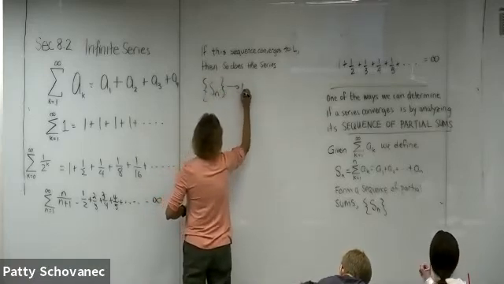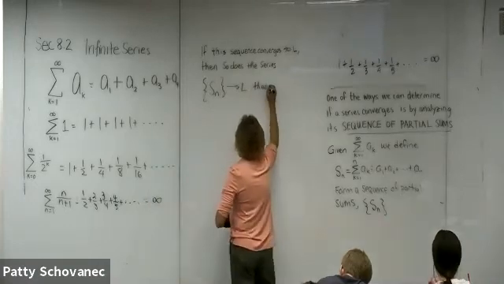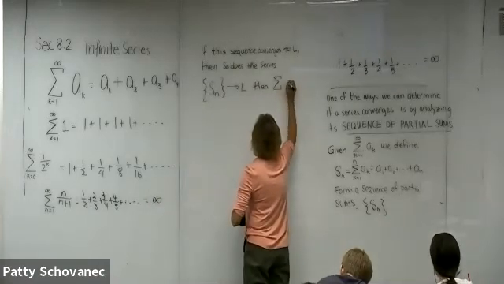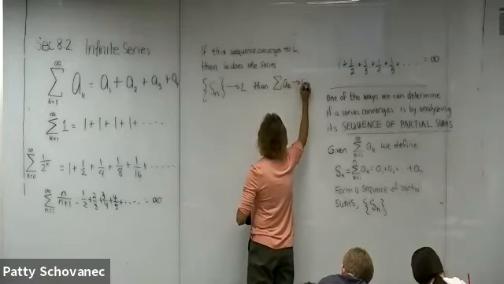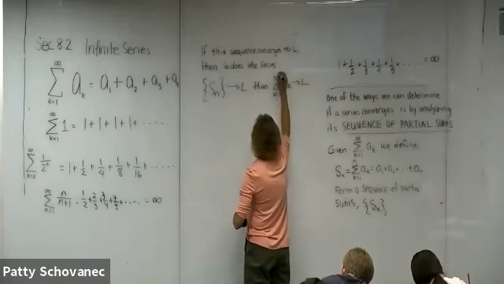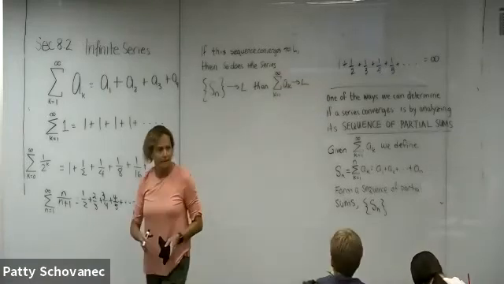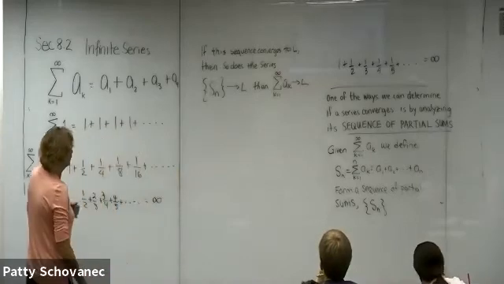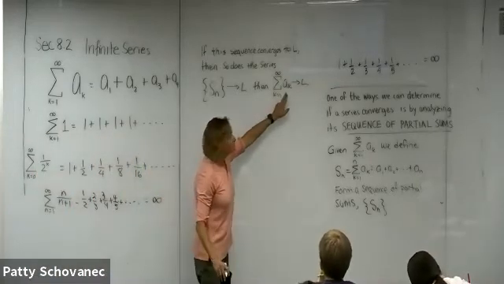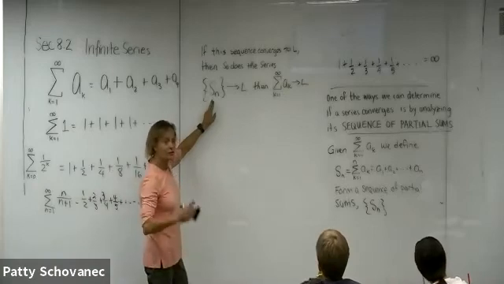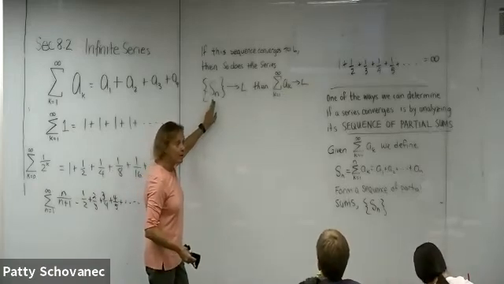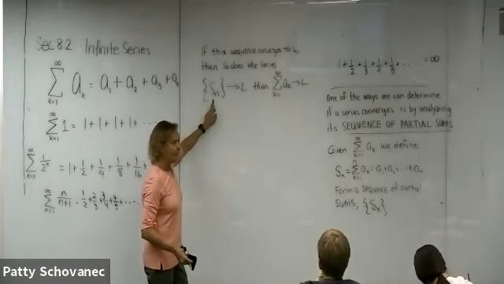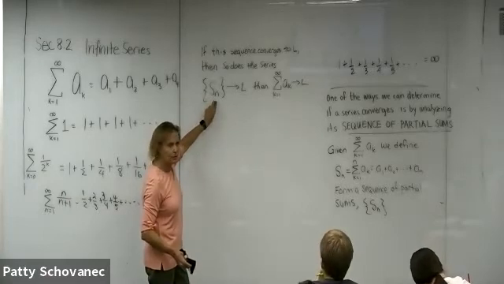If that goes to L, then the series goes to L. So when I denote A's, those are the individual terms. S itself is a formula for the sum of those terms. Coming up with this formula is often the difficult part.